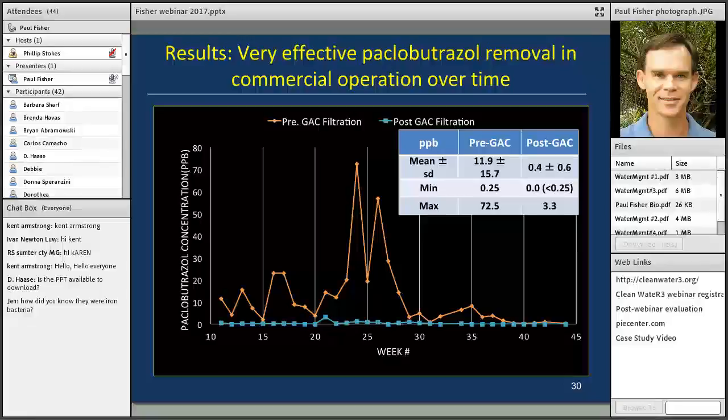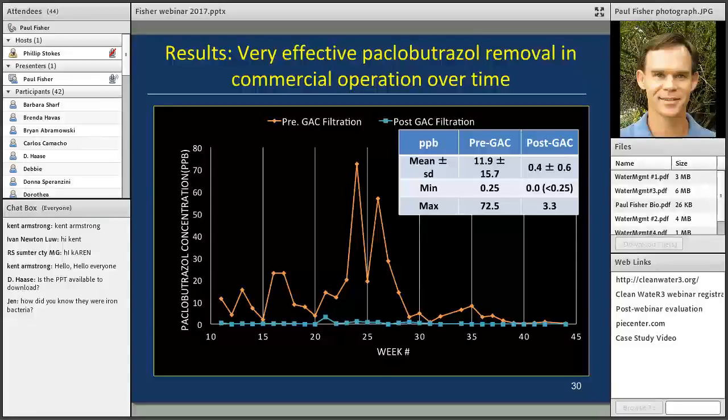Here are some of the grower data. The tan color is before the granular activated carbon filter, showing the concentration of Paclobutrazol in parts per billion, and the blue line shows the concentration after the filter.